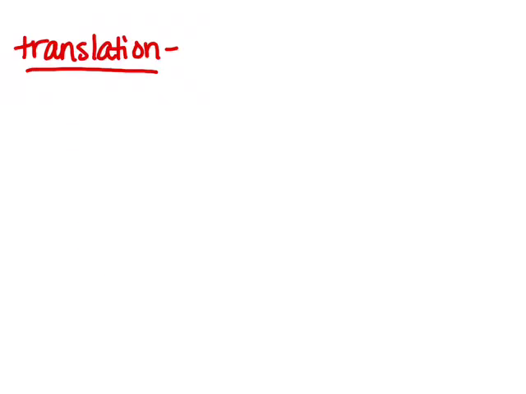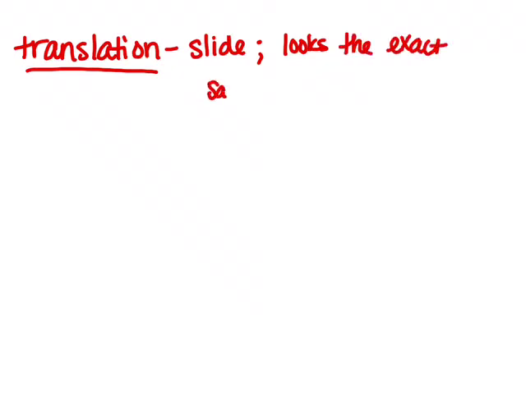So a translation, basically, it boils down to you just taking a shape or a figure and sliding it. Okay? One thing I want you to make note of is the shape looks the exact same, and it faces the same direction as the original shape.